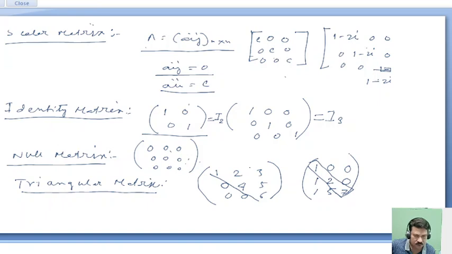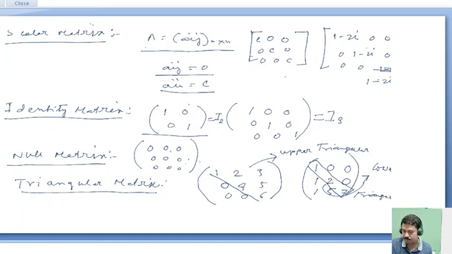So this is called upper triangular matrix, and this is called lower triangular matrix.